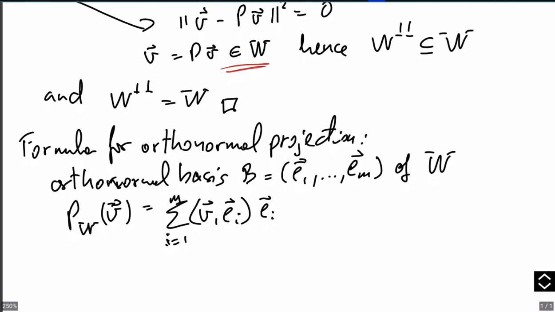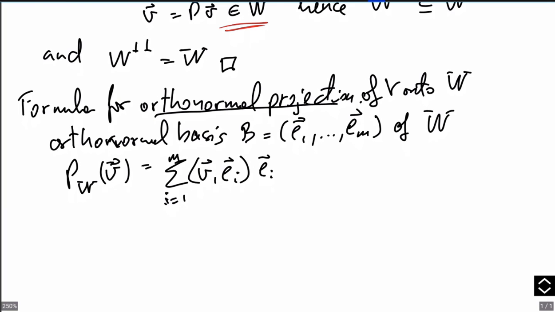So this is the formula for the orthonormal projection of v onto the subspace W, using an orthonormal basis of W that we can always create. If W is finite dimensional, then we know that it exists, and it might exist even if W is infinite dimensional.